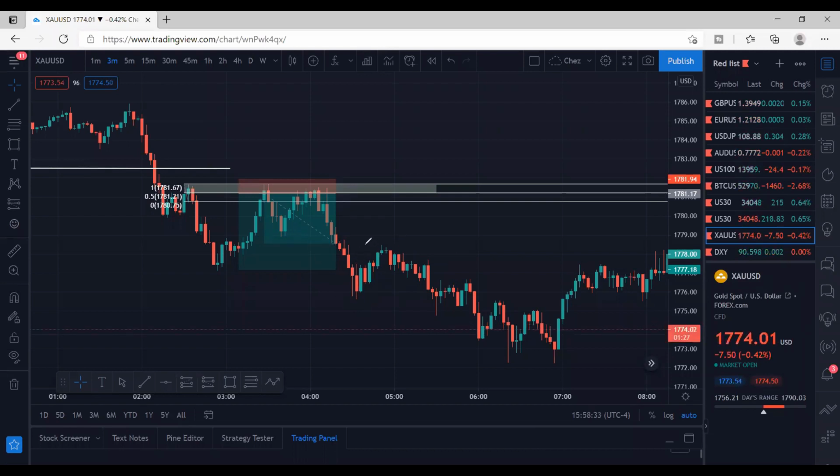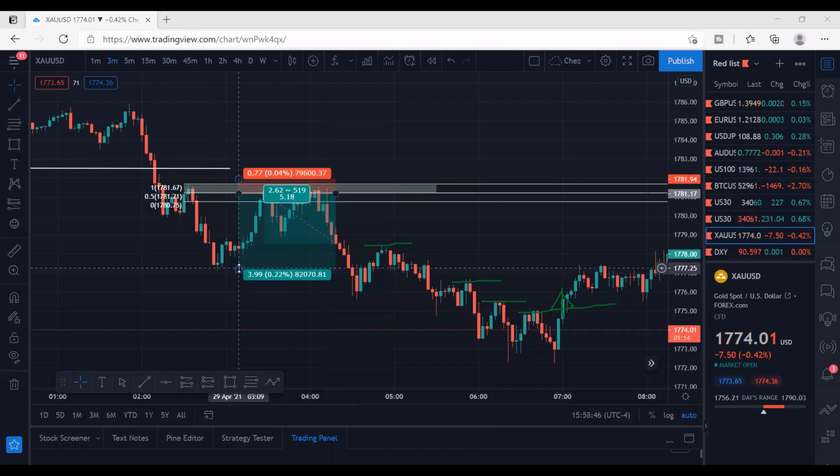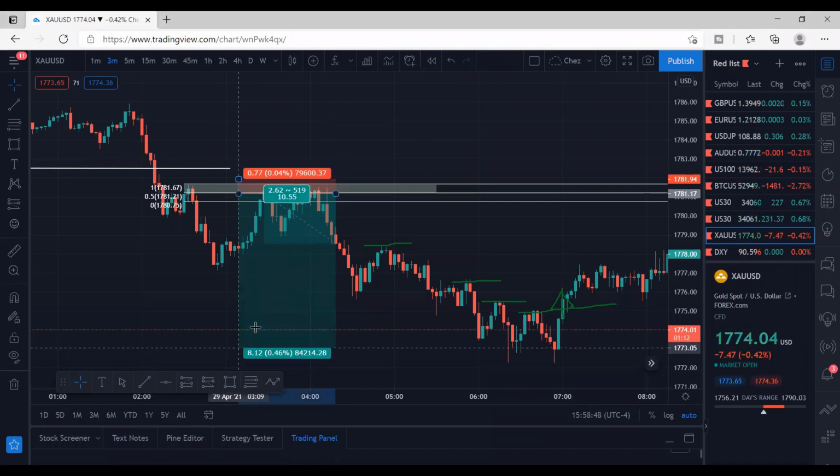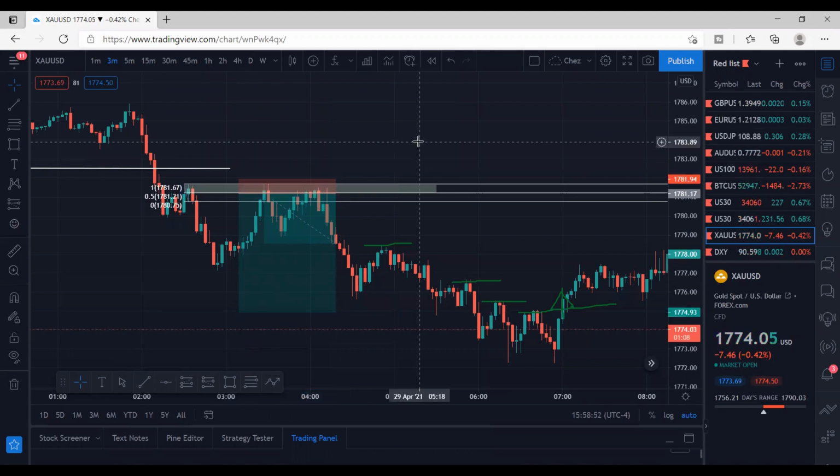You'd be trailing your stop losses at these swing highs until price eventually breaks it and you would get stopped out. Your second position would get stopped out at maybe right here at about 8 to 1.